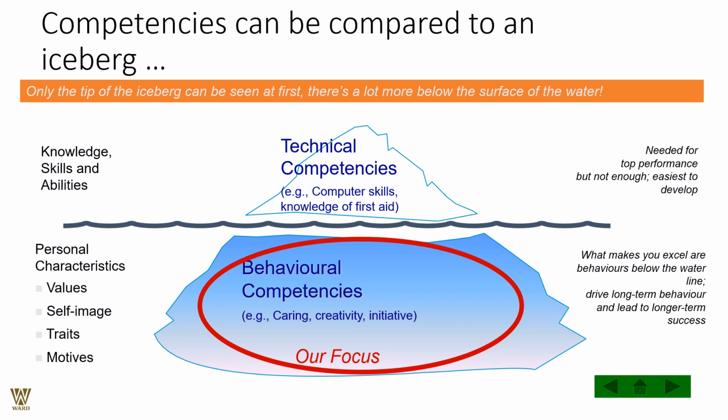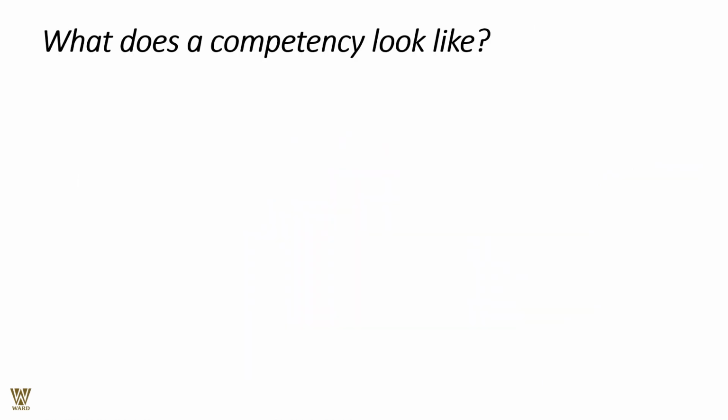Everybody is technically competent, technically qualified, they know the knowledge and skills required for the jobs and the ability to do the job. That's what is required. The personal characteristics of your values, your self-image, your traits, your principles, your motives, your culture, that counts to be the behavioral competencies, and that is the crux of the situation.